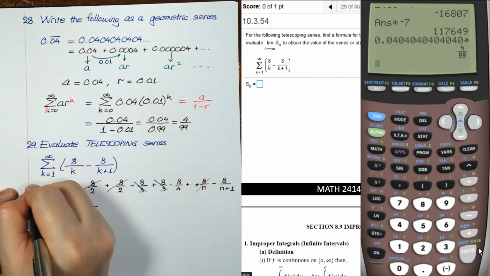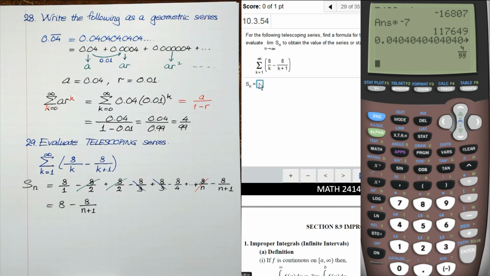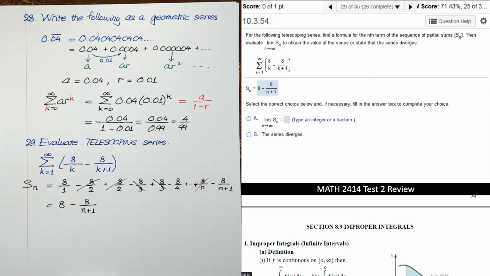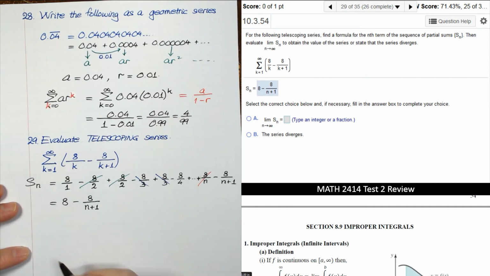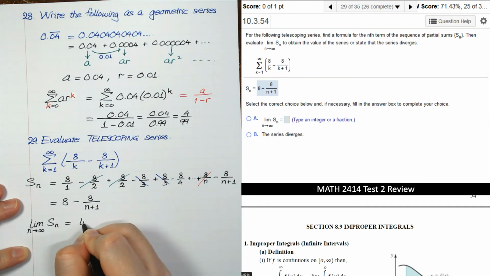So this is if we take n terms. A minus A over n plus 1. Right? That will do. Right, what happens if we take the limit as n goes to infinity of that series?